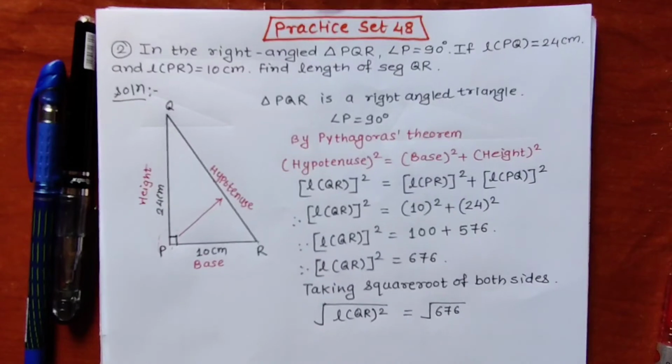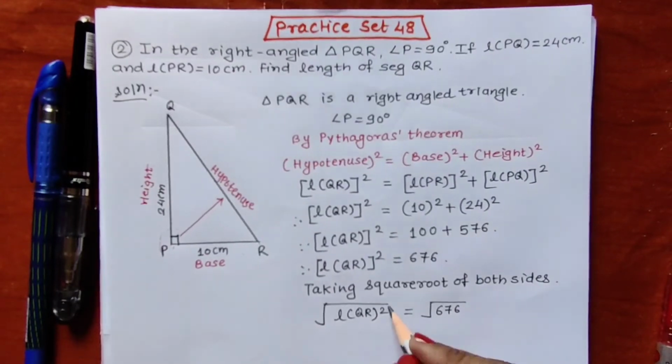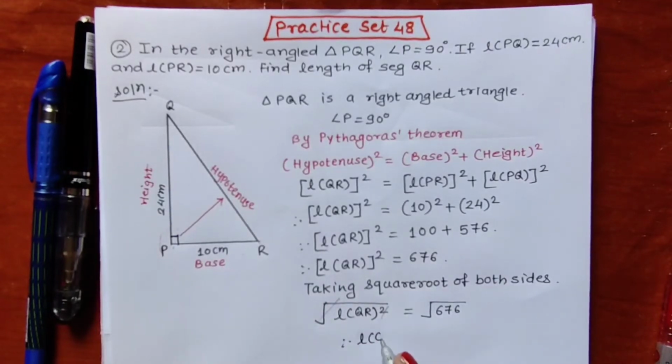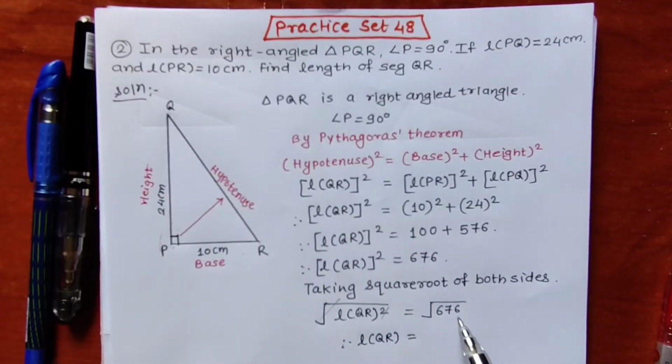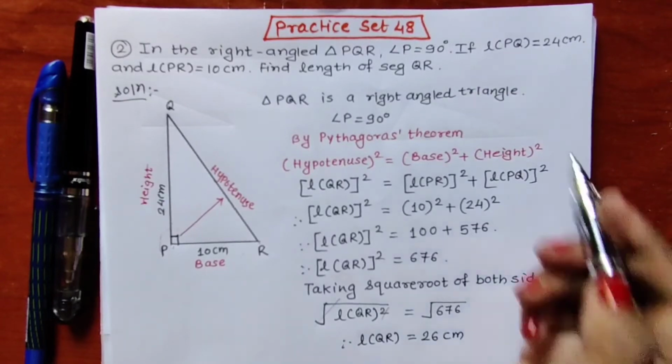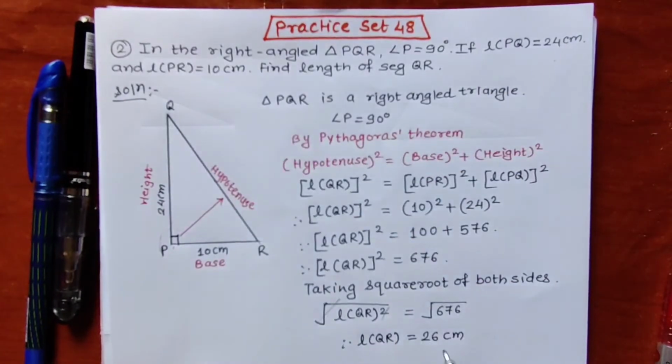Now this square and square root cancel each other, and we will be getting only length QR is equal to, what is the square root of 676? It is 26. So 26 centimeter we should write. Everywhere centimeter is there. So length QR is equal to 26 centimeter is the answer of our question.